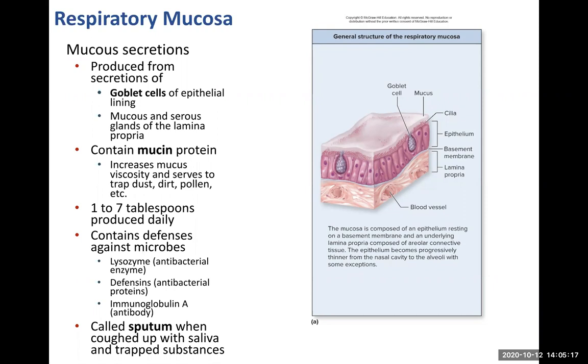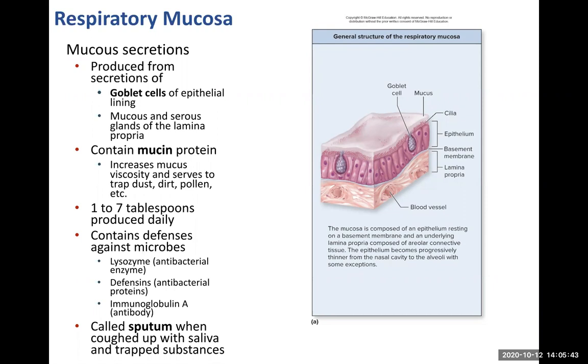And within those mucousy secretions, we also find important antimicrobial substances, and those include immunoglobulin IgA. We talked about IgA as being what we call the secretory immunoglobulin, right? It's the kind of antibody that you find in secretions.